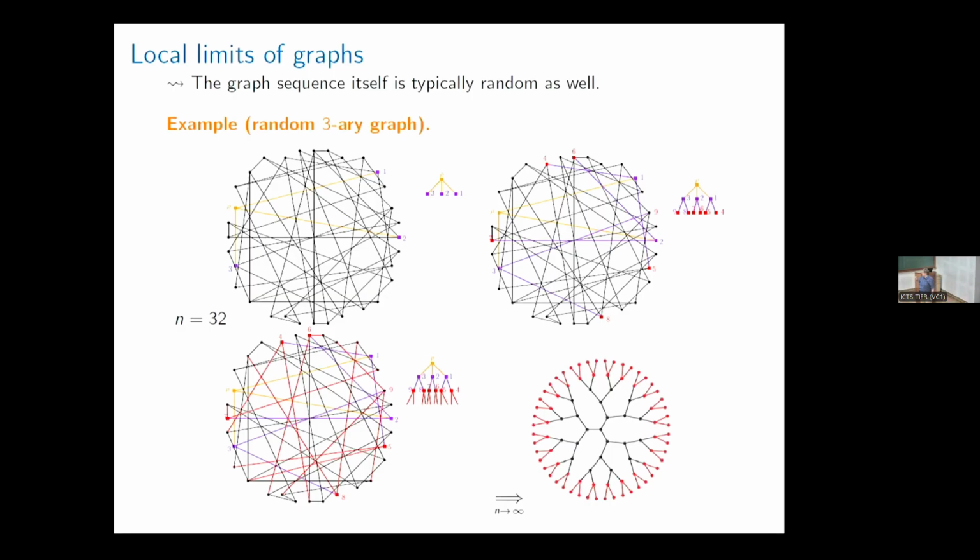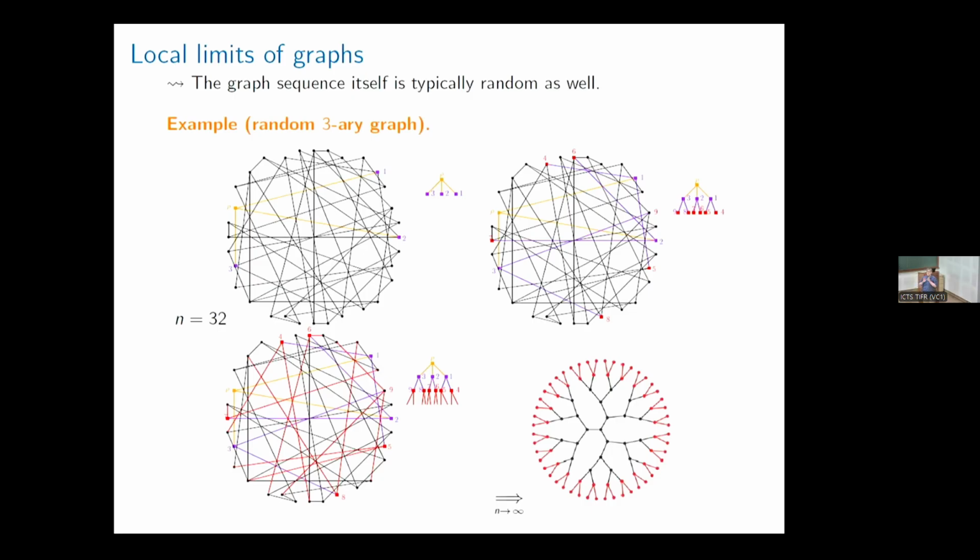So if I explore just the ball of radius 1, I will always see this. If I explore the ball of radius 2, then I will see the children of the root and the grandchildren of the root. And then it might happen, if I have bad luck, that the grandchild is actually the root itself, because there's already a cycle.